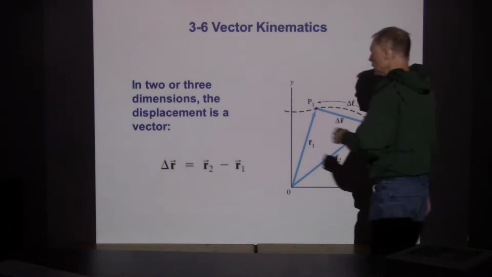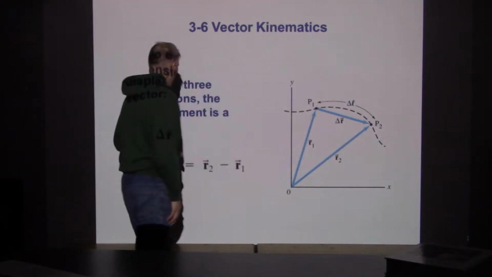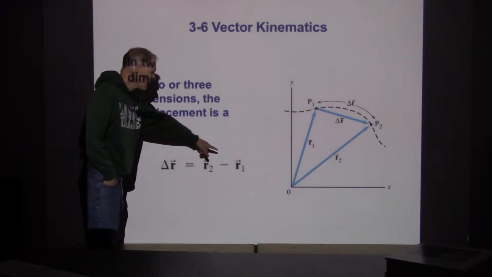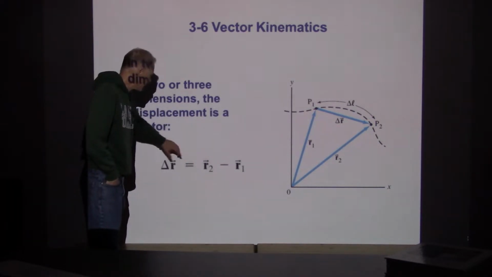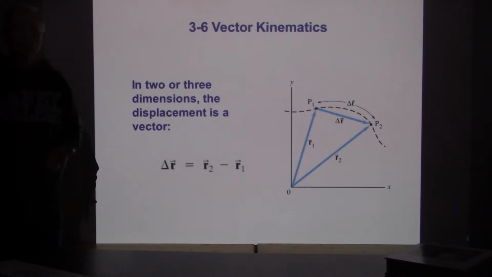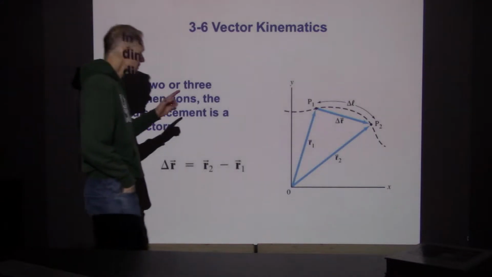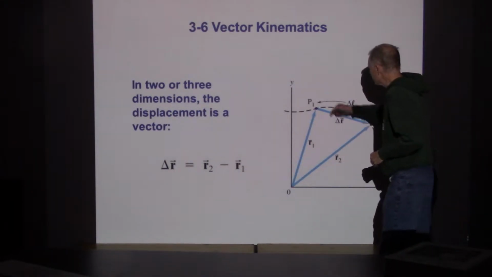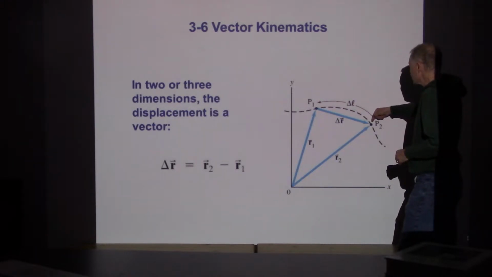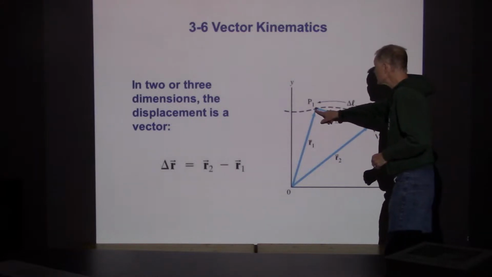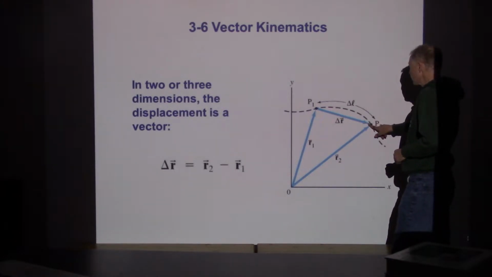What we can say is that the actual path being followed is not displacement vector 1 or displacement vector 2. It's really approximated by delta r. So it's the difference between displacement vector 1 and displacement vector 2 that approximates the path between P1 and P2. Actually, this is the displacement between those points.